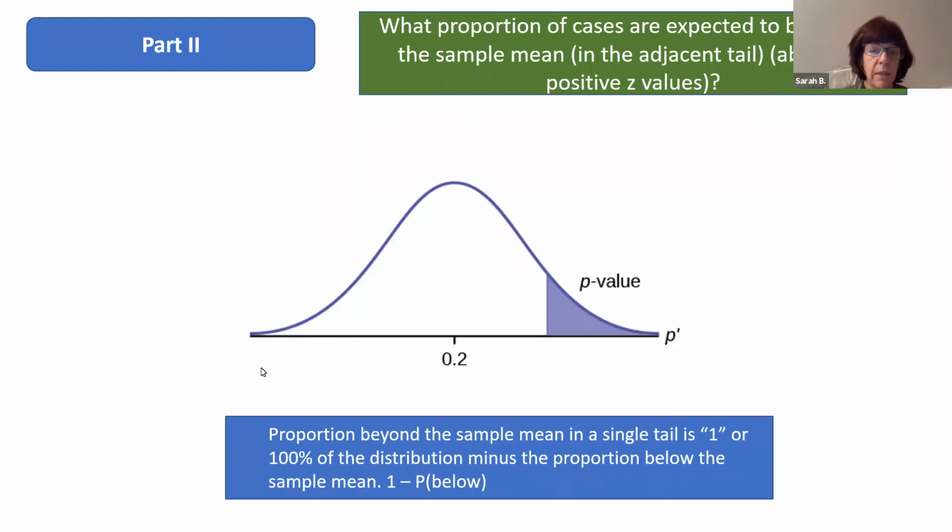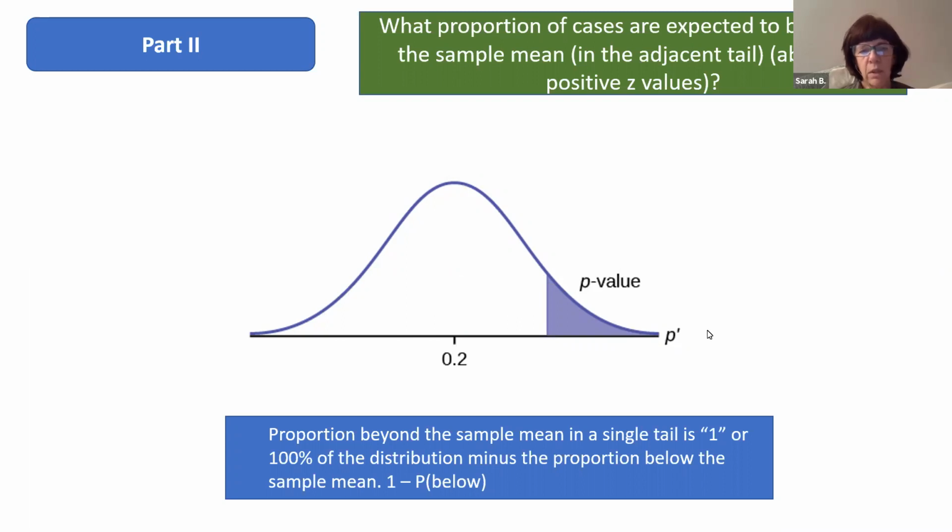They're positive tails, and over here is the negative tail, and this is referred to as the body. I'll show that again a little later. You look in the adjacent tail, so you're talking about the proportion of values in the adjacent tail. If you have a z-score in the positive range, you're looking in the right-hand tail. If you have a z-score in the negative range, you're looking at the left-hand tail.